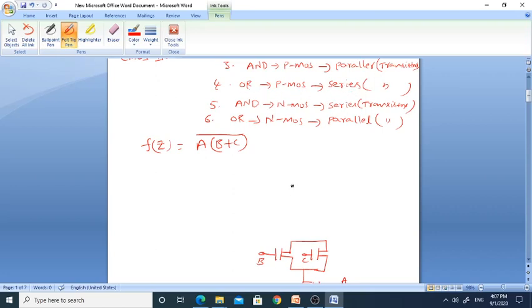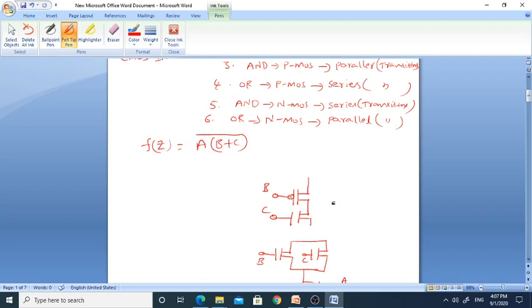The OR function, B and C, so take two transistors. This is one PMOS, this is another PMOS, and these two are in series. This is B, this is C. B plus C are in series for the PMOS implementation. For the AND function, those are in parallel.